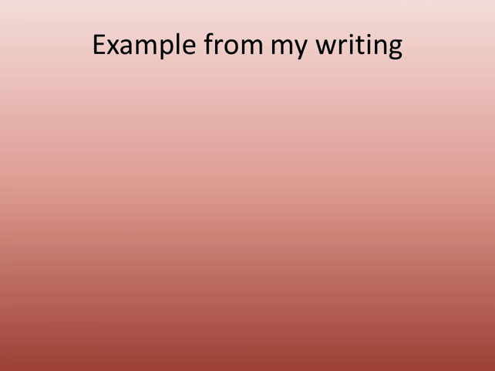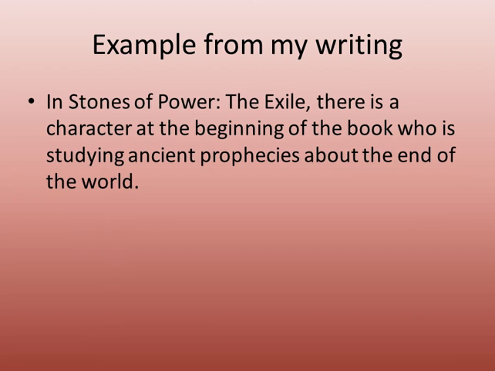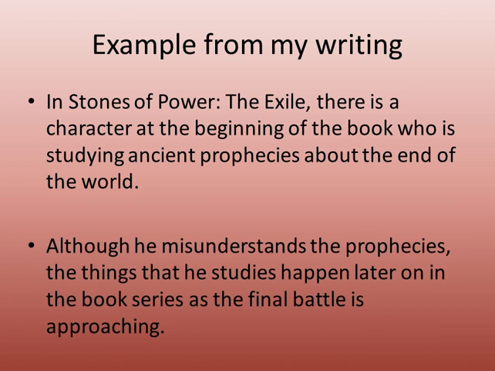All right, and here's an example from my writings. I wrote a book called The Stones of Power, The Exile. There's a character at the beginning of the book who's studying ancient prophecies about the end of the world. Although he completely misunderstands these prophecies, the things that he studies happen later on during the book.